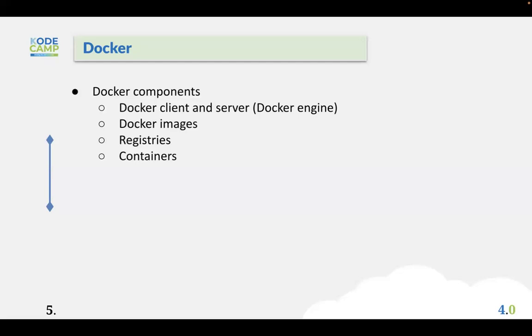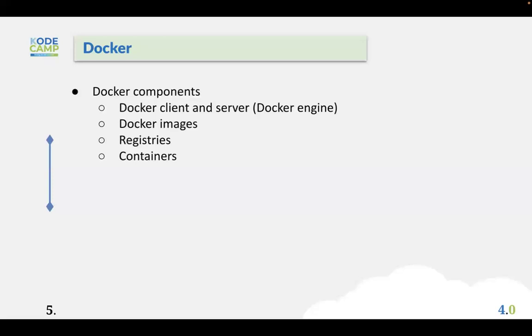So this is basically the Docker client and the Docker server, also known as the Docker daemon. The client issues commands, the server processes those requests, and returns the results to the client, where the client will display the result to the user or execute those commands as expected.